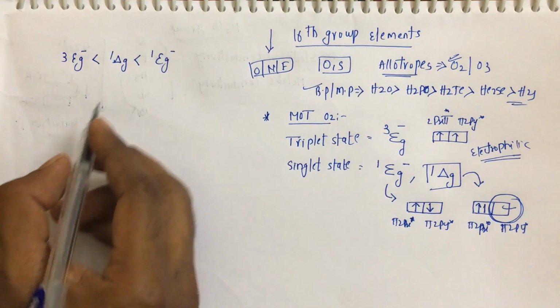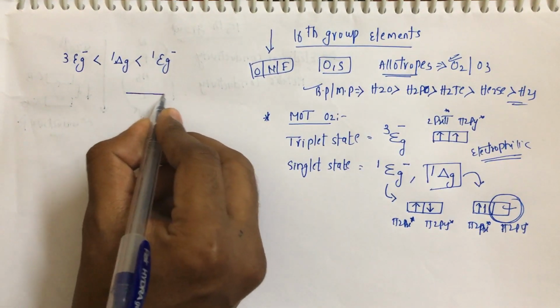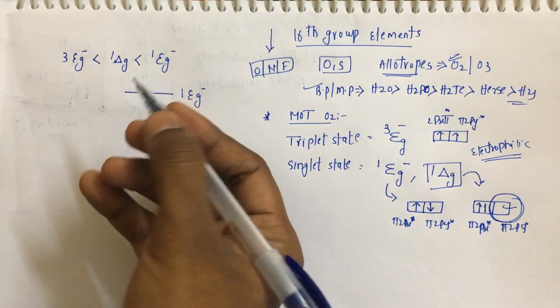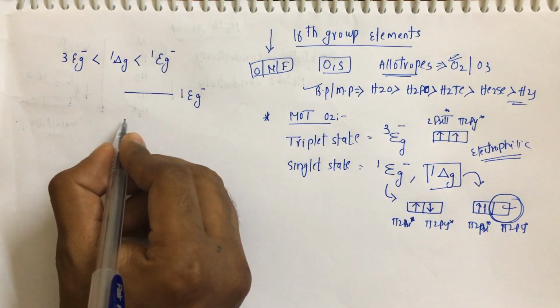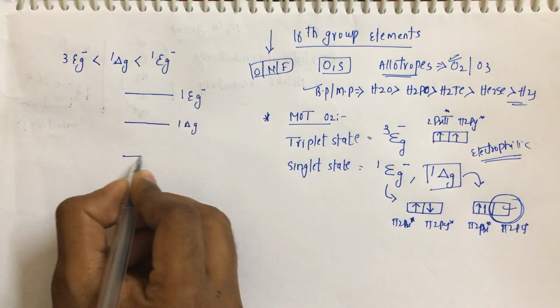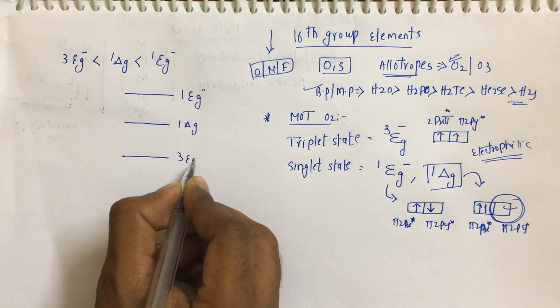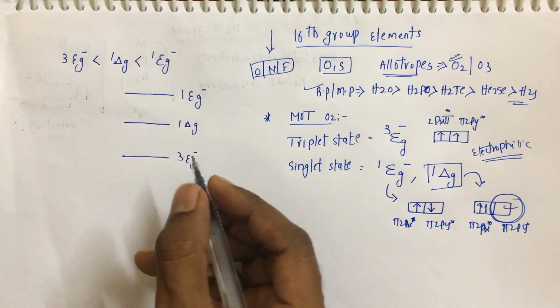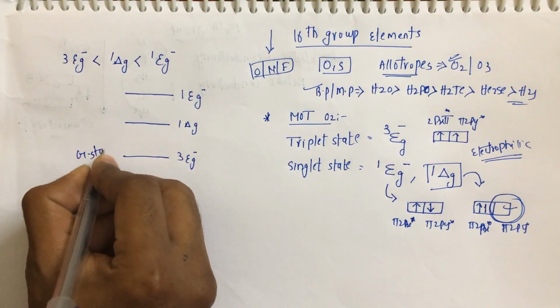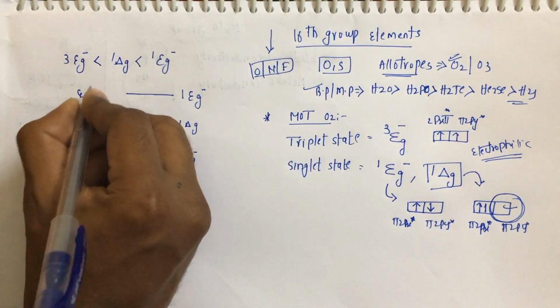Higher the energy, the more unstable it is, on the higher energy side. This is 1Δg and this is 3Σg negative. So for the oxygen molecule, this is the ground state and this is the excited state.